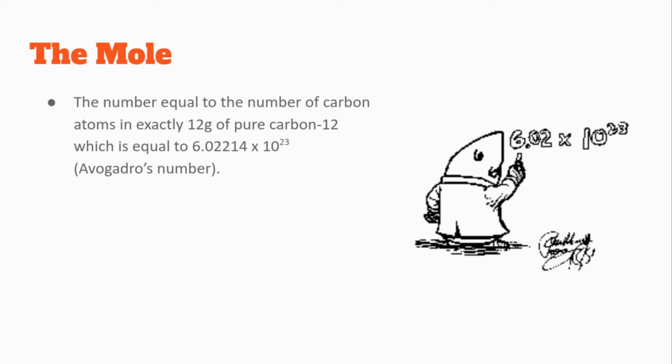So that's where that number comes from for the mole. We can use that relationship to find the number of atoms or molecules in any substance as long as we know the number of moles. So we can relate moles to grams using that average atomic mass, and we can relate moles to number of atoms or molecules using Avogadro's number.